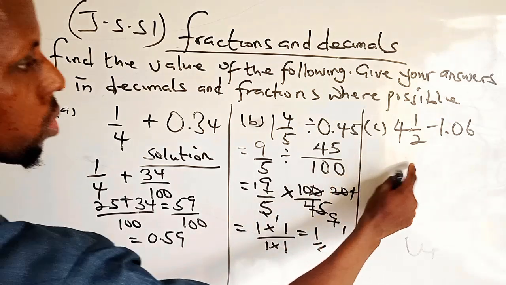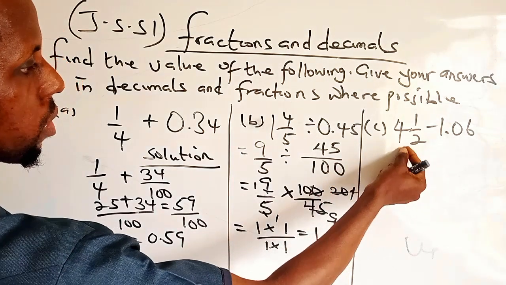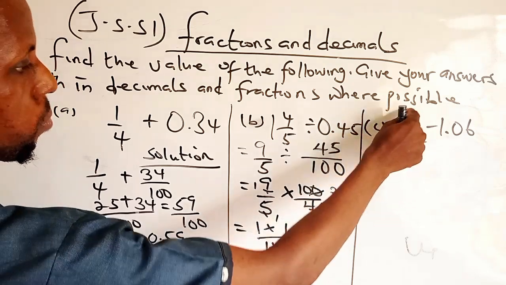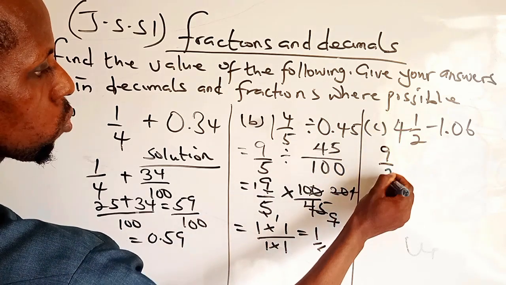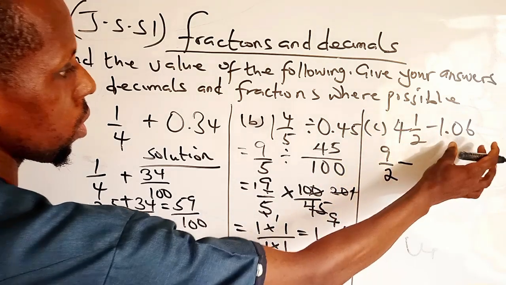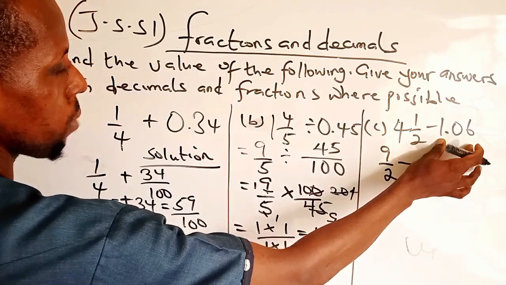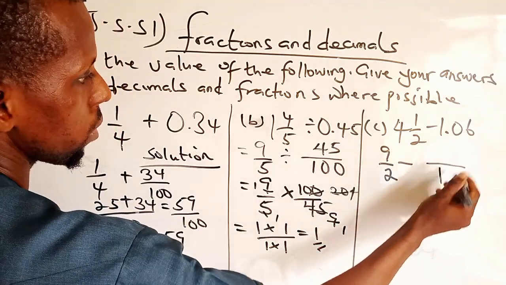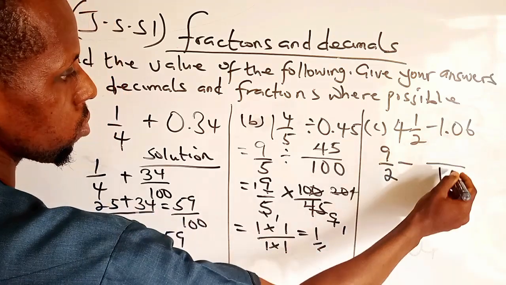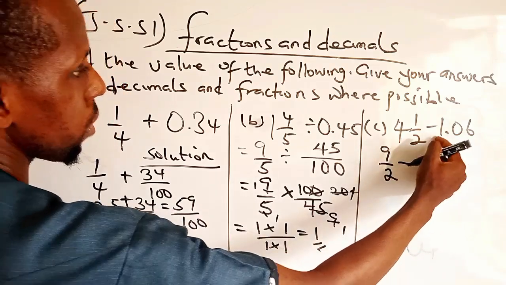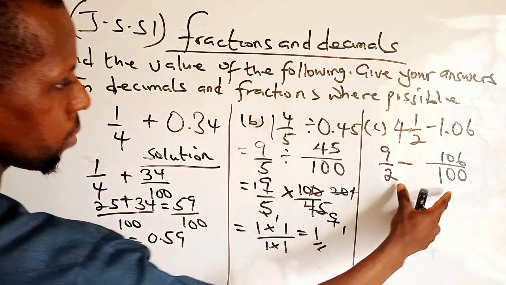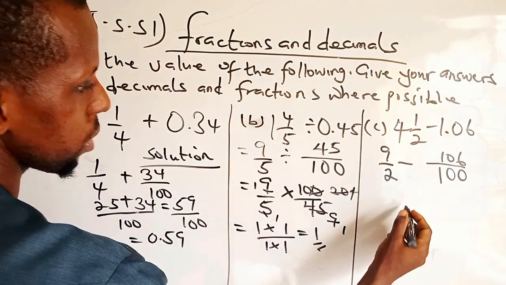So for the third one, the mixed fraction, I change it to an improper fraction. How do I do that? 2 times 4 is 8 plus 1. So I have a 9 over 2. Okay, minus, change the decimal number to a fraction, rule a straight line, the point turns to 1. Other numbers after the point turn to 0. So I have 0, I have 0. So I have here 106. Okay. So from here, I'll look for the LCM, which is 100.